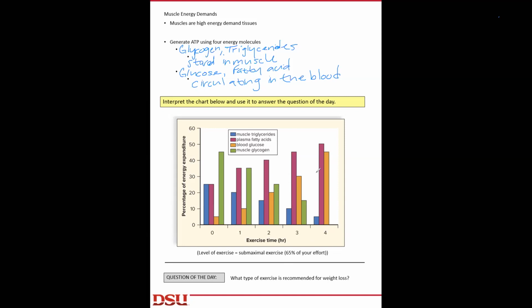So it kind of looks like we've got peaks on our muscle glycogen and muscle triglycerides. So it's probably going to be this one that is most effective. Anything that's going to stimulate those.